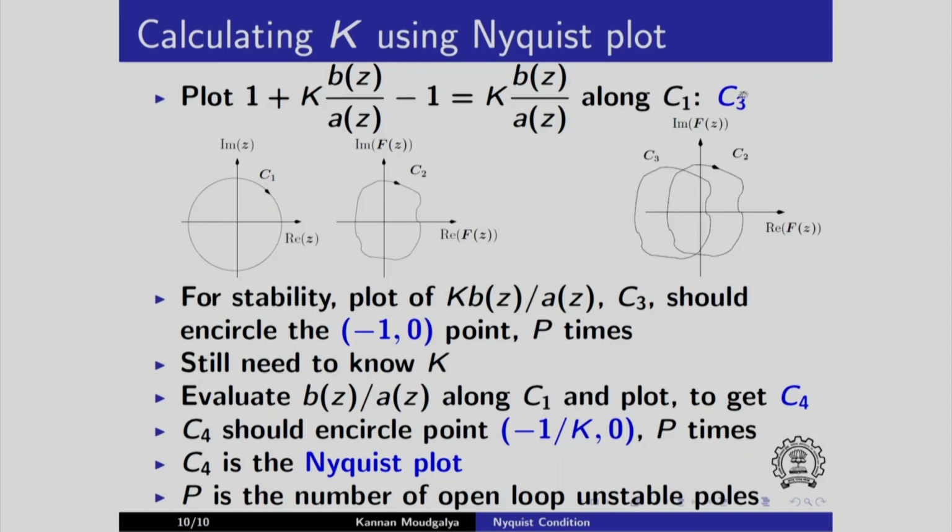Sometimes later in the course we might call C3 also as the Nyquist plot, but the context will explain. The condition that we take from this lecture is that the C4 curve should encircle the point minus 1 by k comma 0 p times, where p is the number of open loop unstable poles.